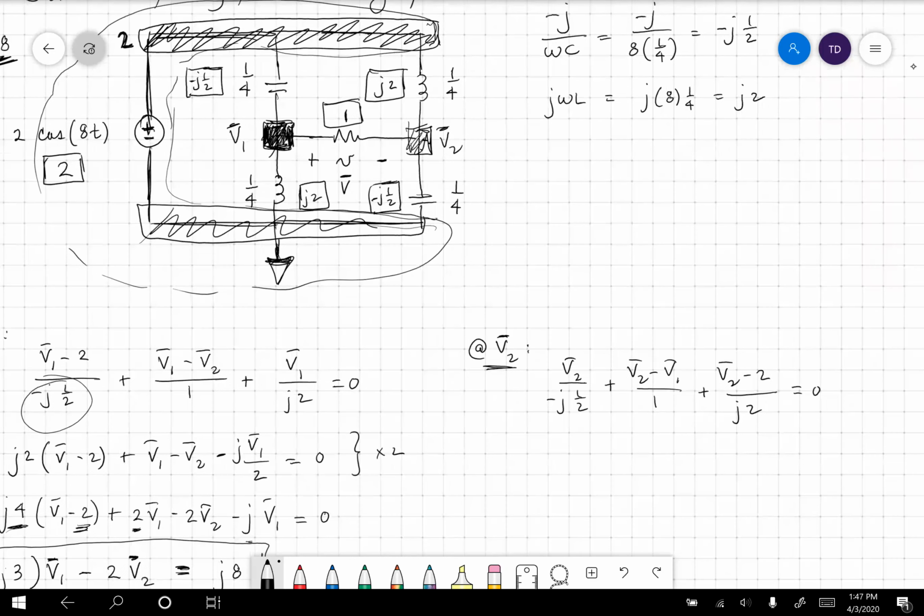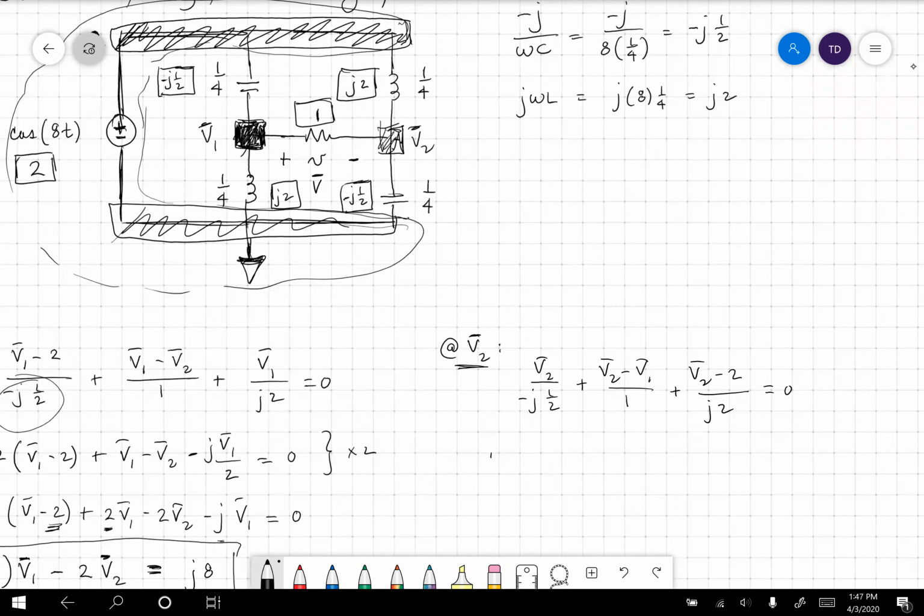Again, this first term is just j times 2V2. Just remember that. Plus V2 minus V1. And then minus j, and then V2 minus 2 over 2 equals 0.